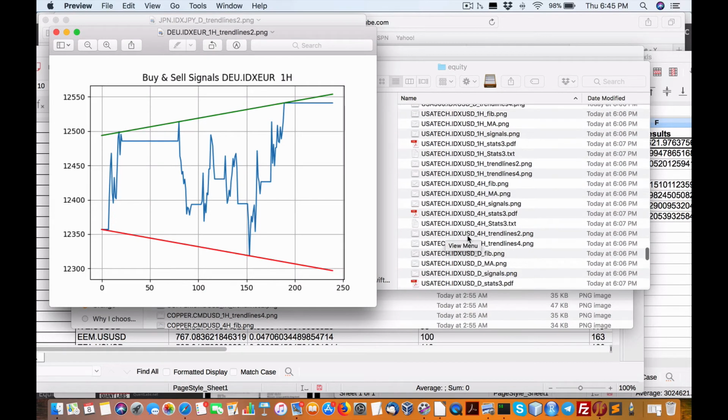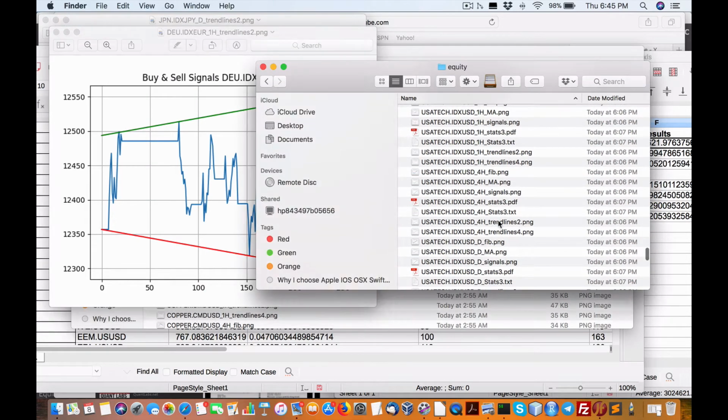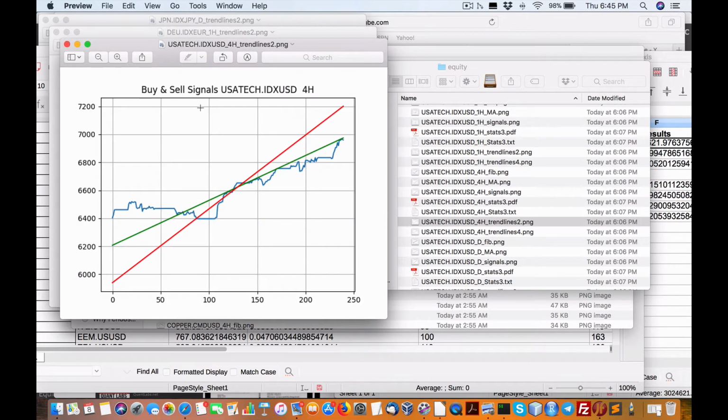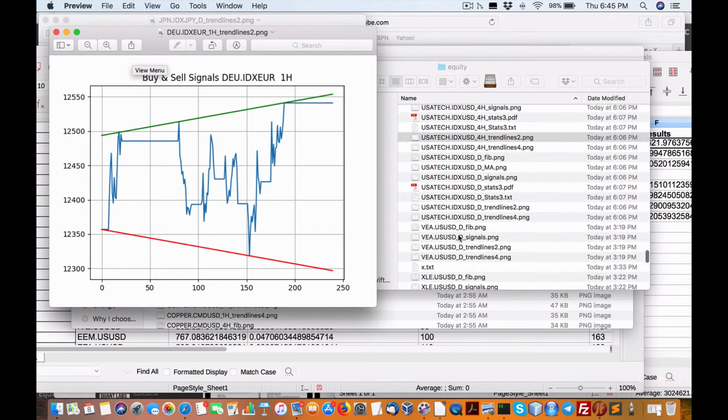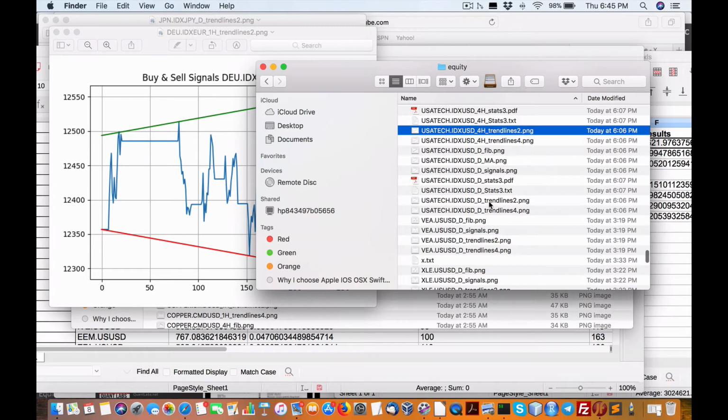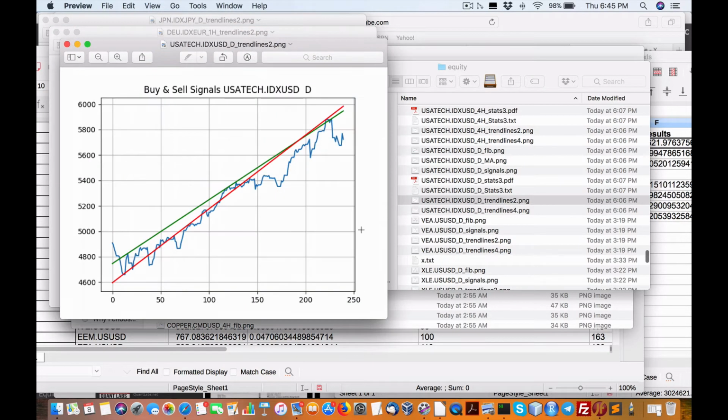Okay, so as promising, let's check out the trend line for the tech U.S. Nope, not right. We don't want that. Let me just do U.S. tech trend line daily. So again, we have some nice moves here from 4,800 to 5,800.